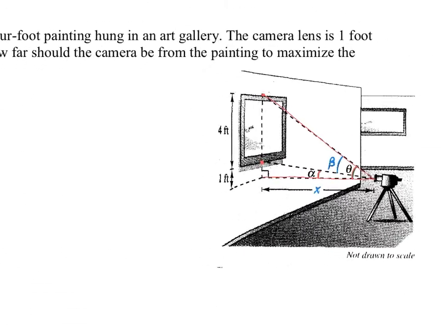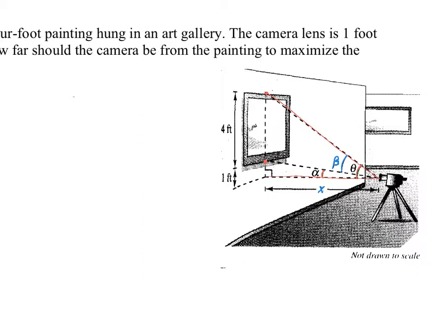Well, let's look at this situation again in relation to theta. Okay? So here's our angle theta. This is x. And we're measuring from the horizontal all the way to the top of the painting, which is a total of 5 feet. So that means tangent of theta is 5 over x.